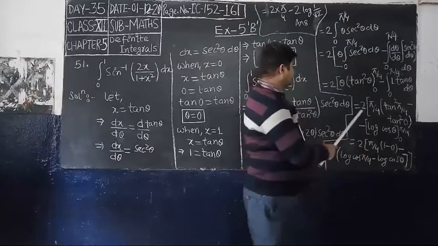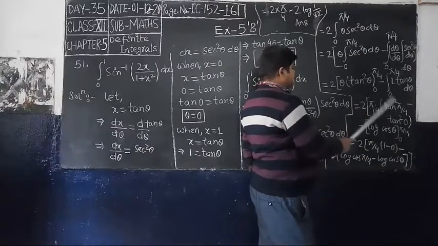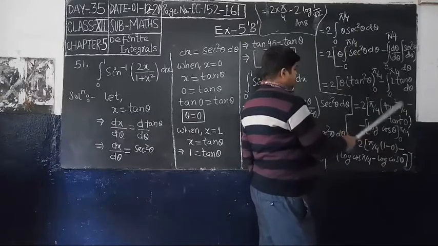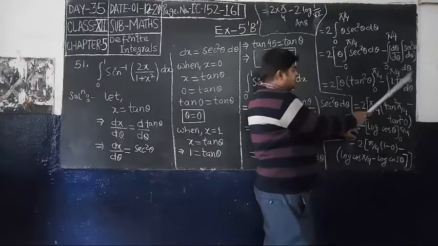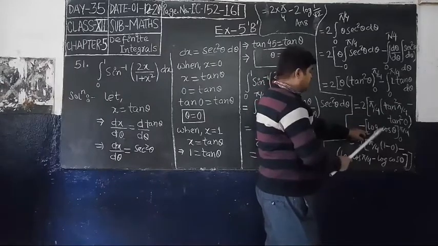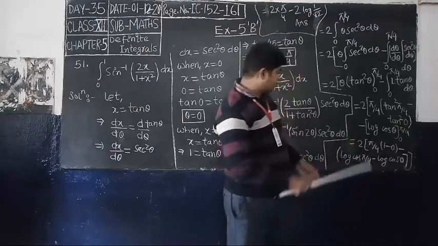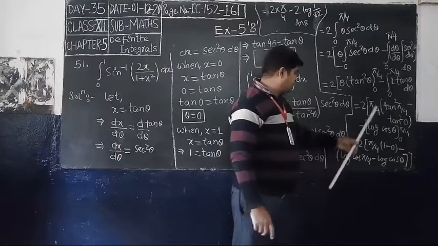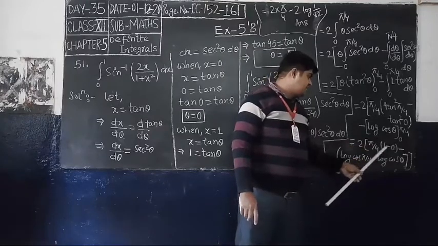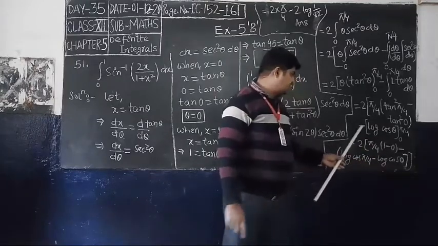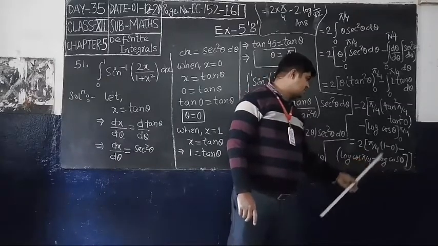Put the value of pi/4 instead of theta. Tan pi/4 minus 0 times tan 0, minus, you know the integration of tan theta d theta is equal to log cos theta, with limits 0 to pi/4. So this becomes 2 times pi/4 times 1 minus 0, minus log cos pi/4 minus log cos 0.